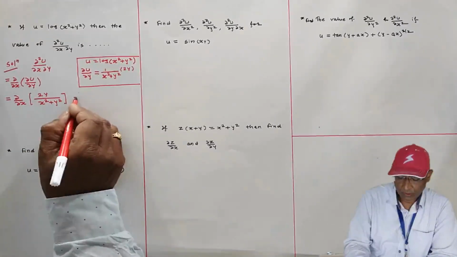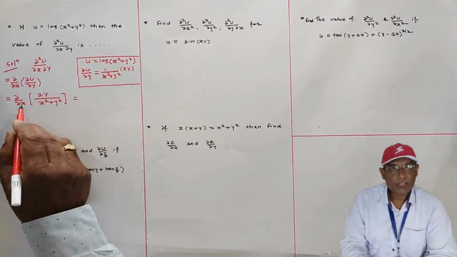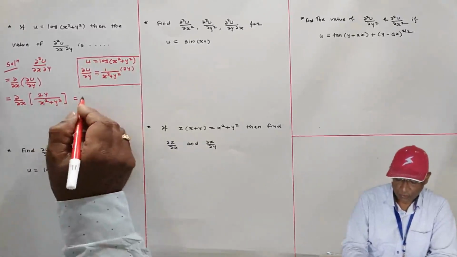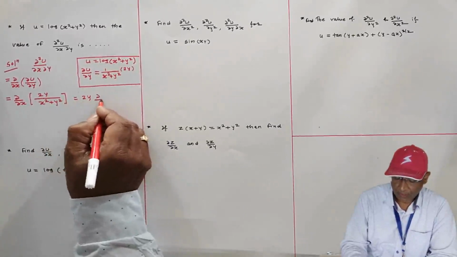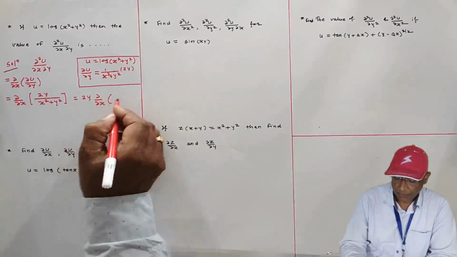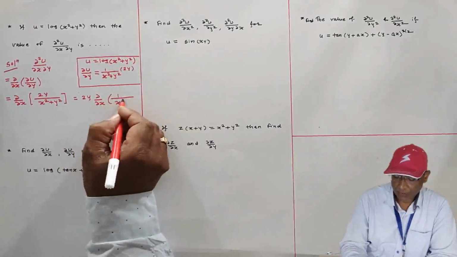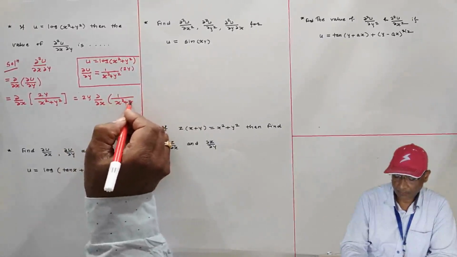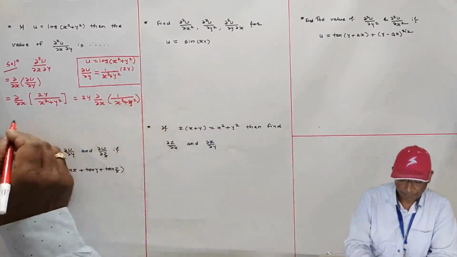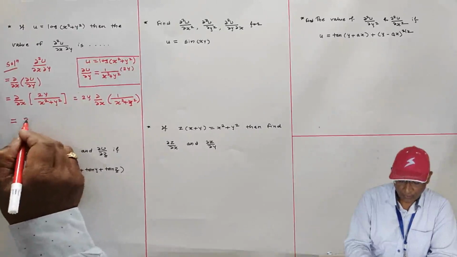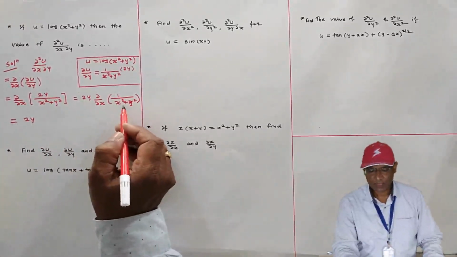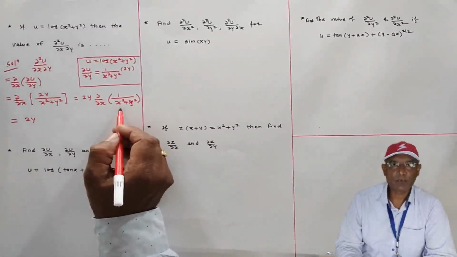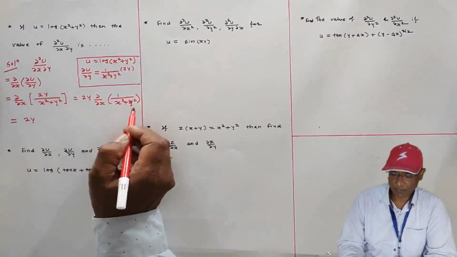Now, we are differentiating with respect to x, keeping y constant. 2 is a multiplicative constant, y we are keeping constant. Then the derivative of this function with respect to x. Okay. Now, 2y, what is the derivative of 1 by x square plus y square? The derivative of 1 by x with respect to x is what? Minus 1 by x square.